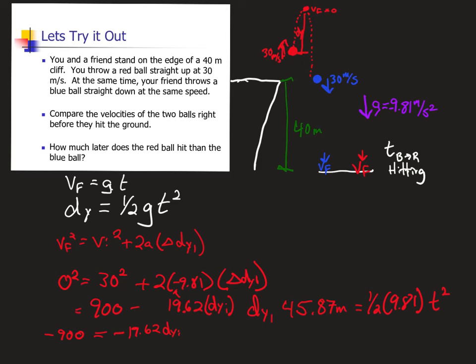Solving for t, you would end up having this divided by 4.905, which would be equal to t squared.